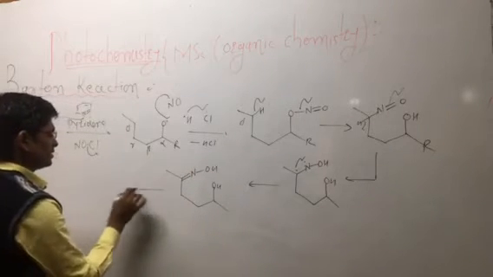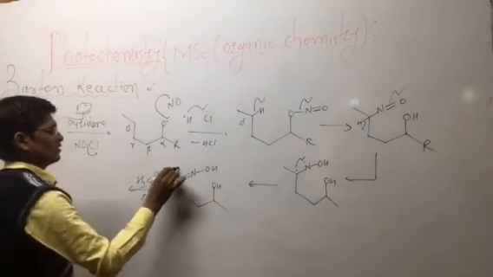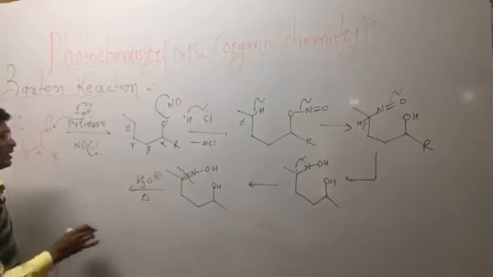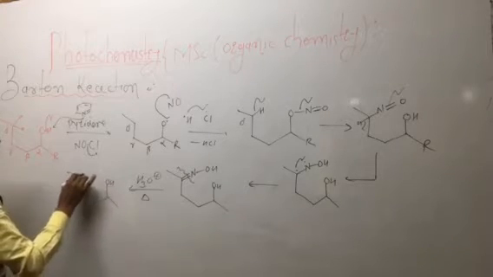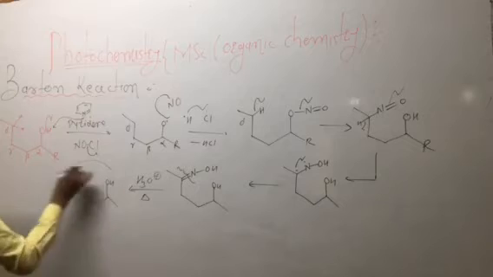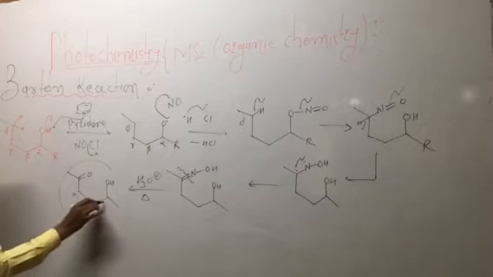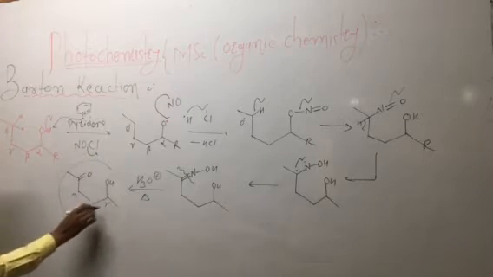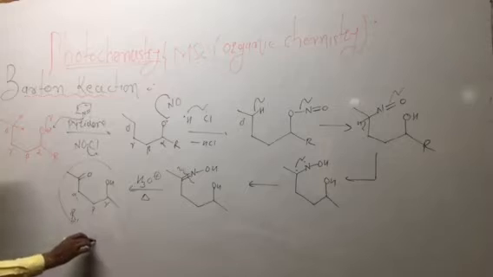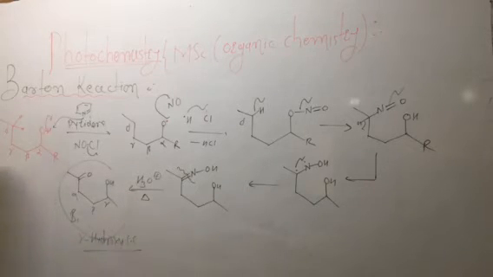Next step, hydrolysis in acidic condition. In hydrolysis in acidic condition, the C-N bond is broken and there is formation of OH and C double bond O. So there is formation of a bifunctional compound, with alpha, beta and gamma carbon, a gamma hydroxy carbonyl compound.